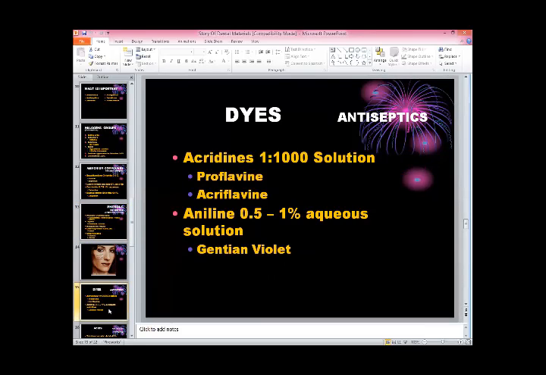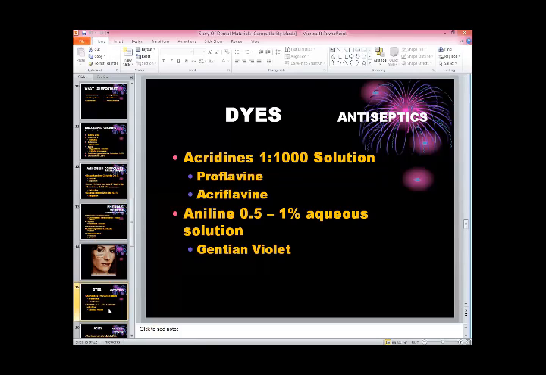Dyes are some coloring agents. They have a very good antiseptic quality, and that quality of these dyes is helping us in our dental field.